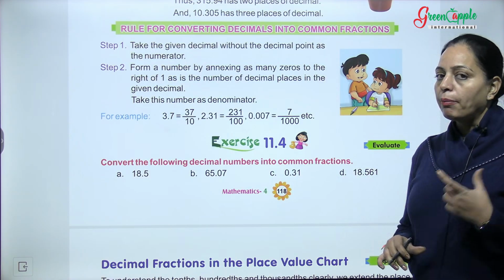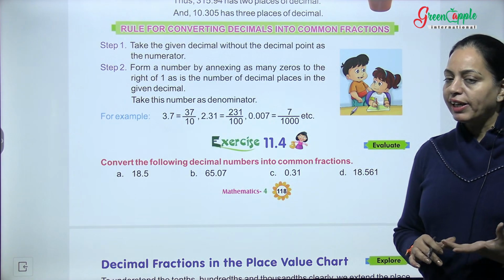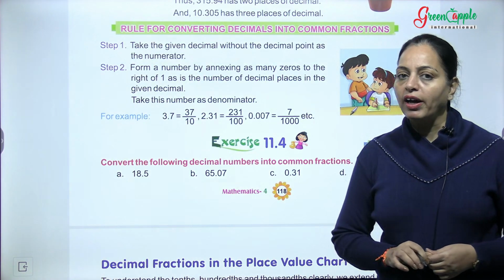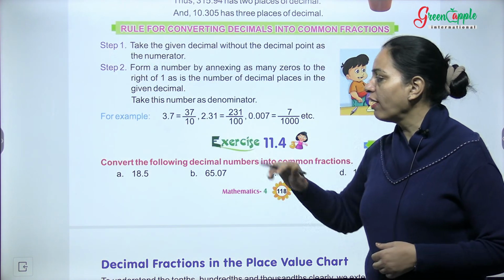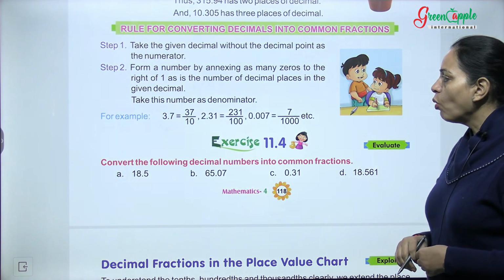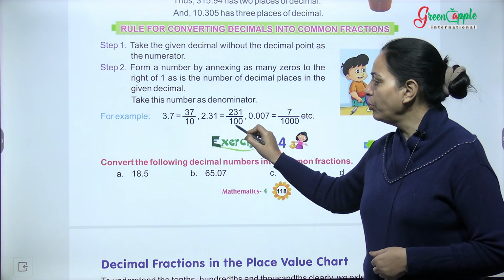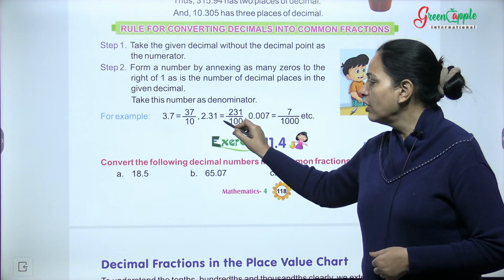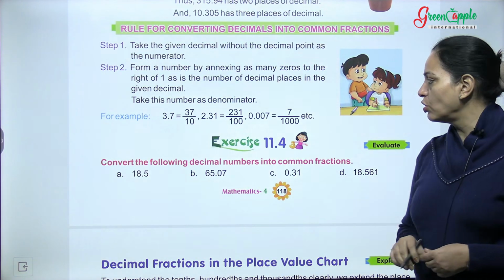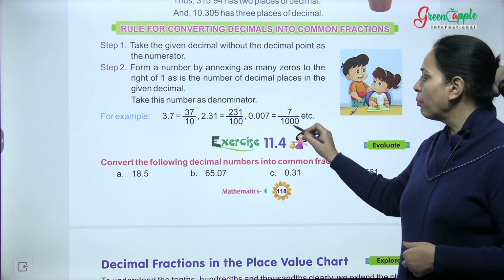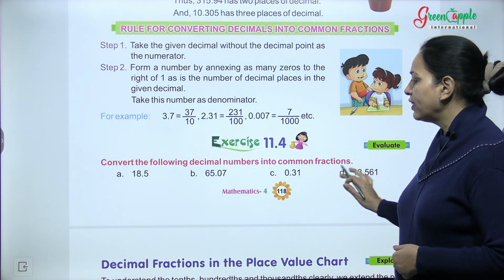So here in the numerator we will write without decimal 37 and how many digits are after decimal, 1, it means below comes 10. The second is 2.31, so 231 is the numerator and in the denominator 1 and how many, 2 zeros, 100. Then 0.007, so then 7 upon 1000 etc.